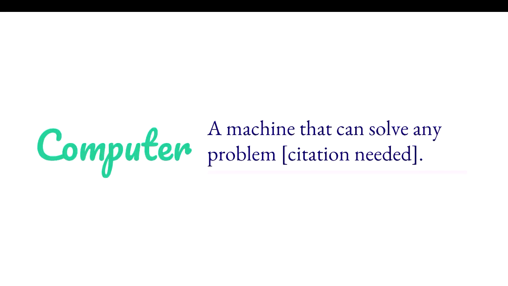So what's a computer? A computer is a machine that can solve any problem. We're done. In this case, really, this is a machine that can say hello to anyone. But this idea of a machine that can solve any problem is fundamentally weird. There's no other machines that aren't computers that you interact with that can do this.